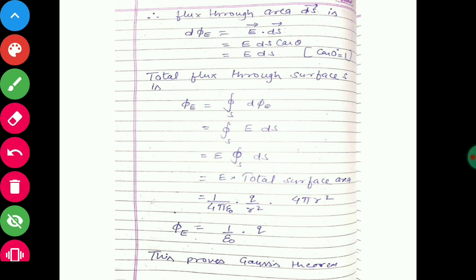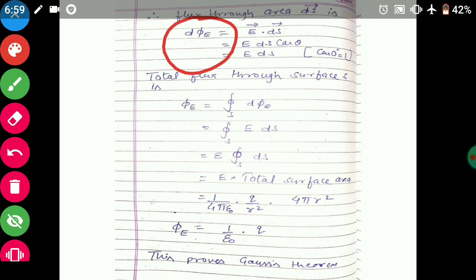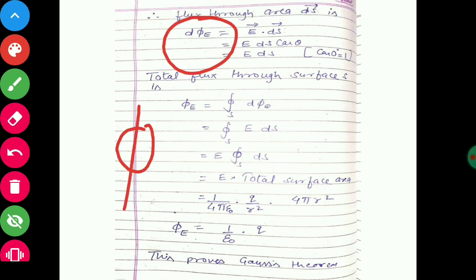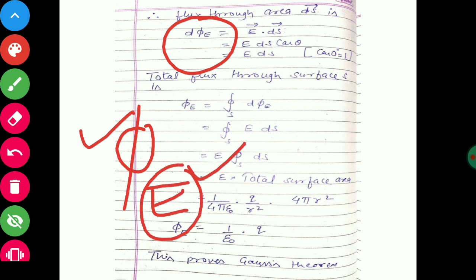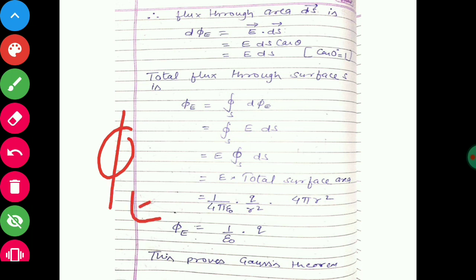Now what are we calculating? The total flux, na? So the total flux through surface S. How to calculate the total flux? We are integrating d phi E. See, total electric flux.